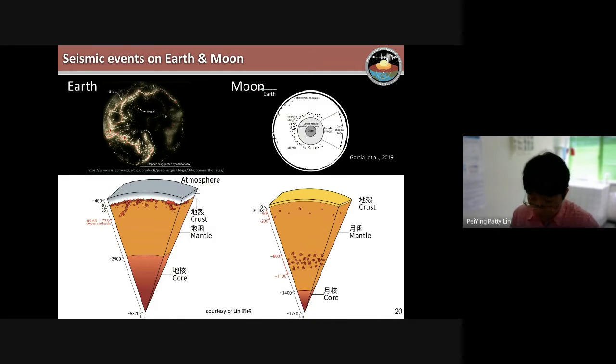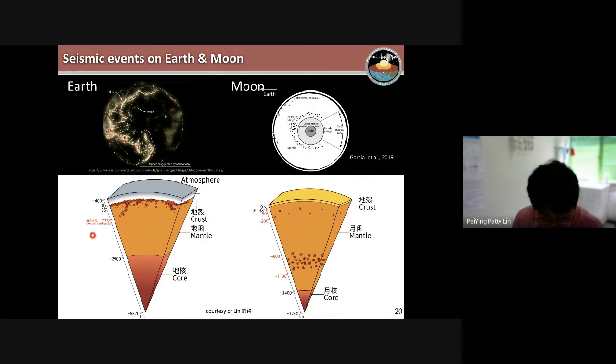And you can see from here, most of the earthquakes on the Earth are actually related to subducting slab structure, and you can see the earthquakes happen along the subduction.